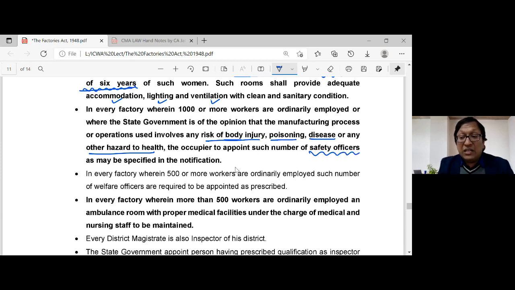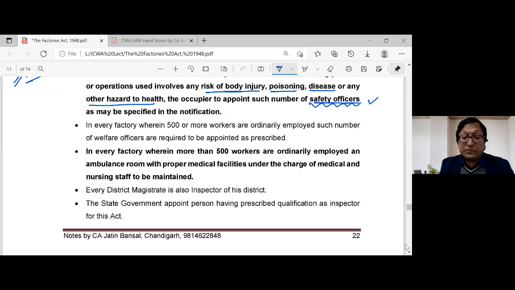What this law says is you need to employ safety officers if your enterprise has equal to or more than 1,000 workers, then this provision is applicable. Or otherwise, if the state government is of the opinion that some hazardous activity is going on in your premises, then you need to have safety officers in your enterprise.